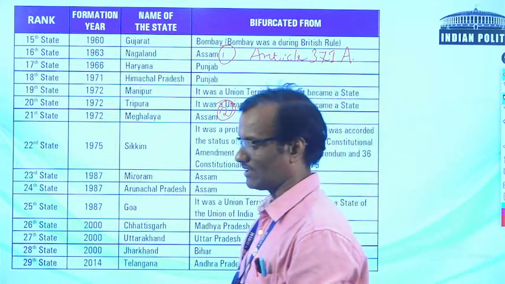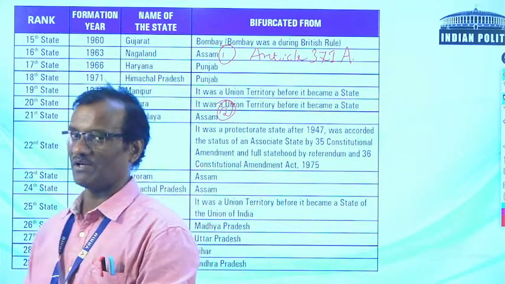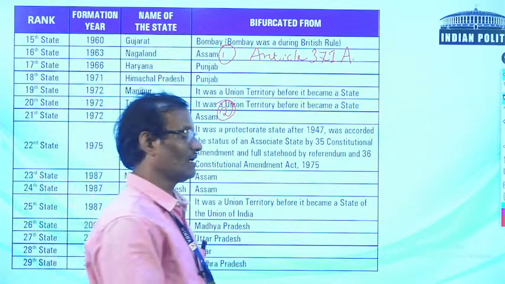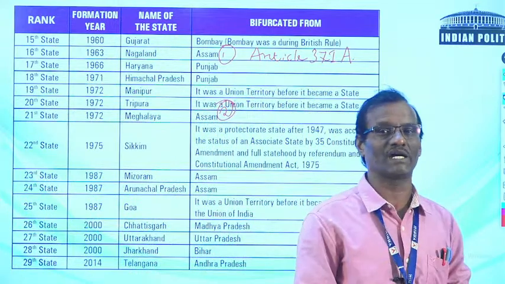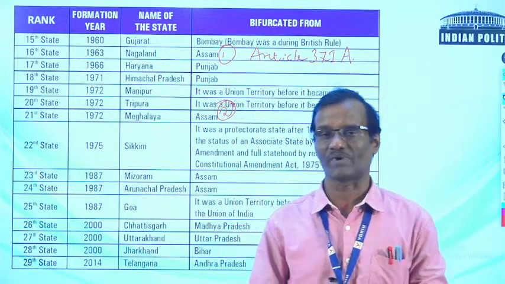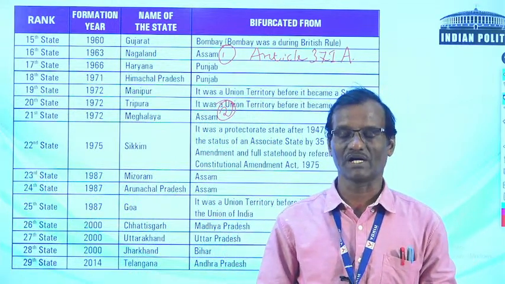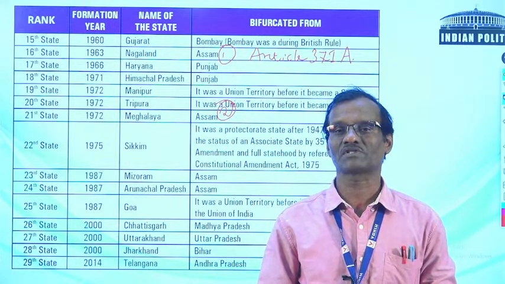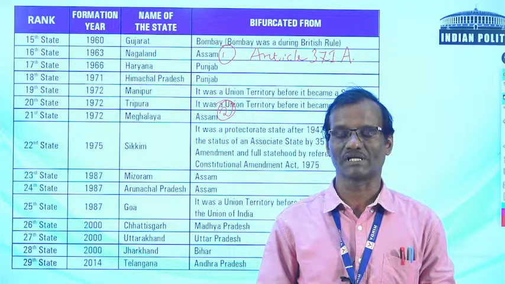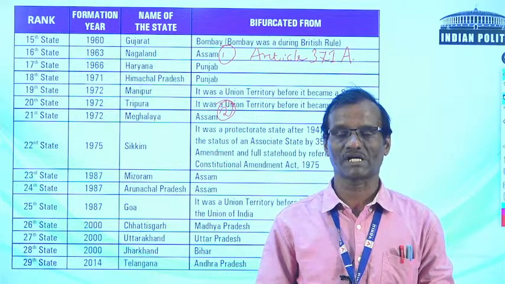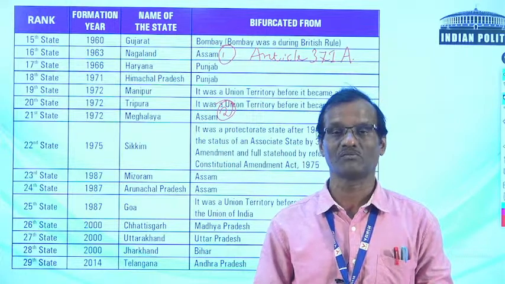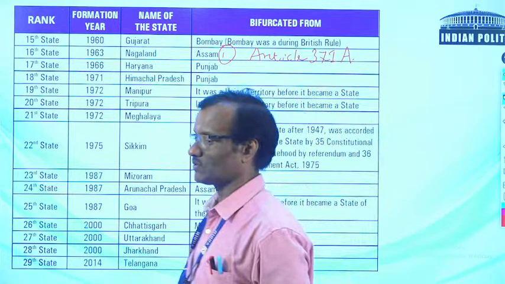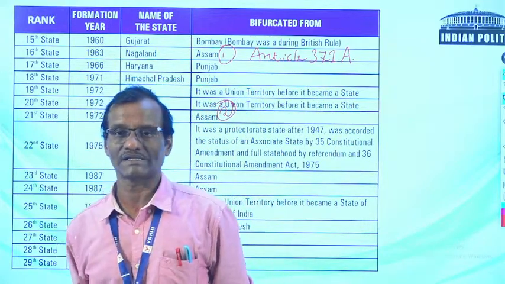1975, Sikkim had a brief history. It was ruled by the Chogyal dynasty, and it remained a protectorate state till 1975, under the Indian Army. Then the 35th Constitutional Amendment Act was enacted, which conferred the status of an associate state to Sikkim with special provisions by adding Article 2A and Schedule 10.